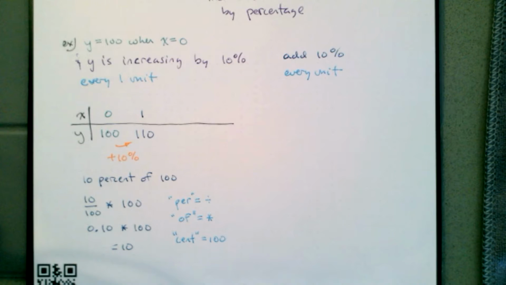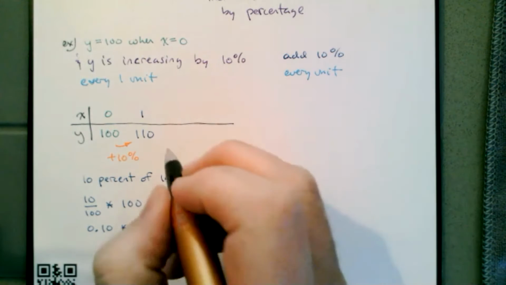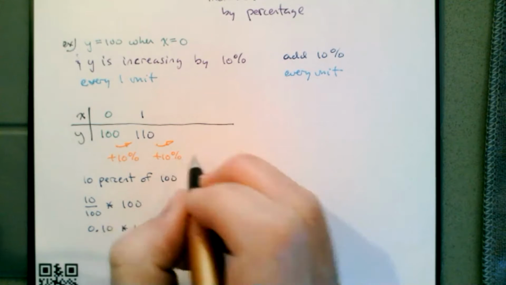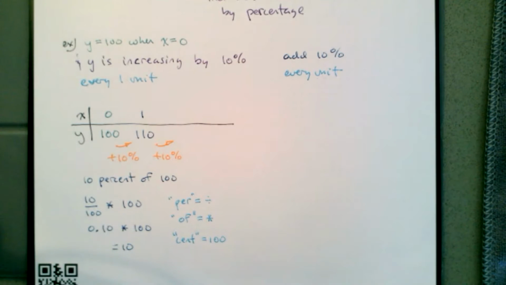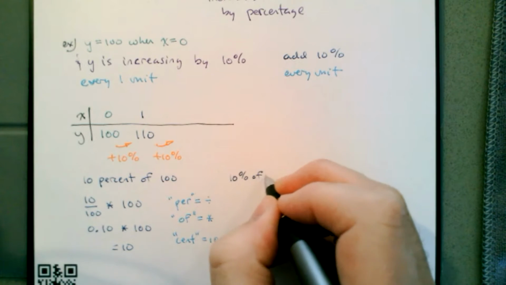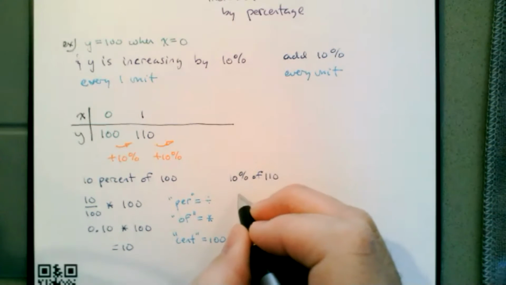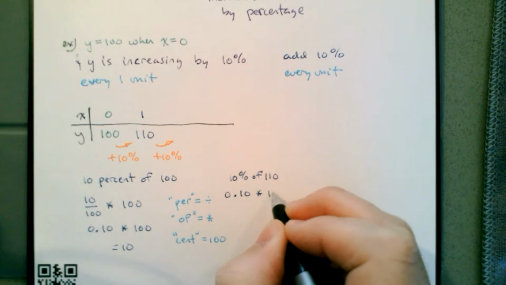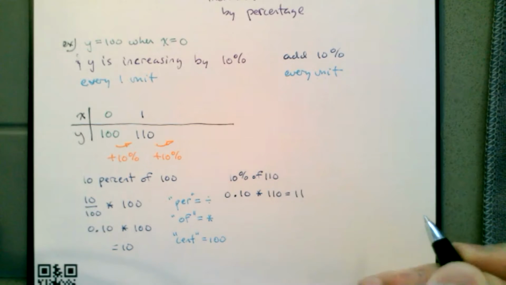But now when we go from 110, we're not going to add 10% of 100. We're going to add 10% of what we got. So we're going to add 10%. But now we don't have 100. Now we need 10% of 110. So now I need 10% of 110, and that's 11.